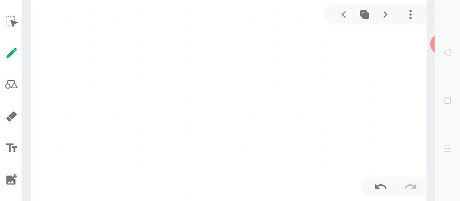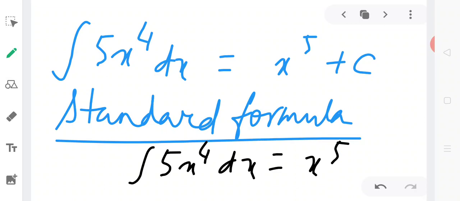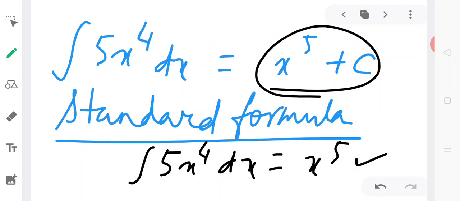Hence, we cannot say definitely whether integral 5x to the power 4 dx is equal to x to the power 5 or x to the power 5 plus c. Such an integration is known as indefinite integration. Therefore, in all the indefinite integrals, a constant of integration c is supposed to be present if the condition of integration, that is the limit of integration, is not mentioned. Therefore, we should add a constant c in the result of all indefinite integrals.